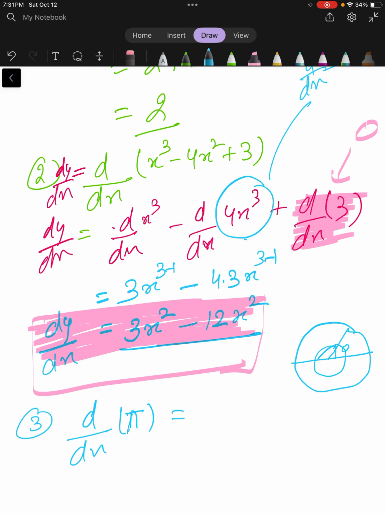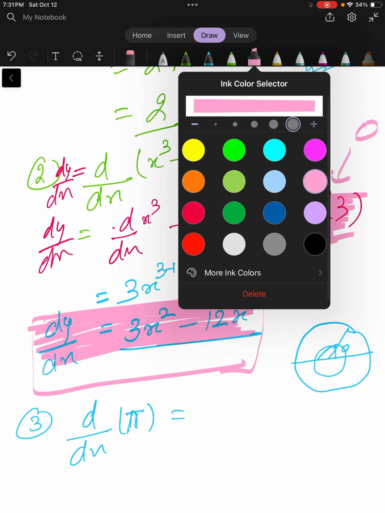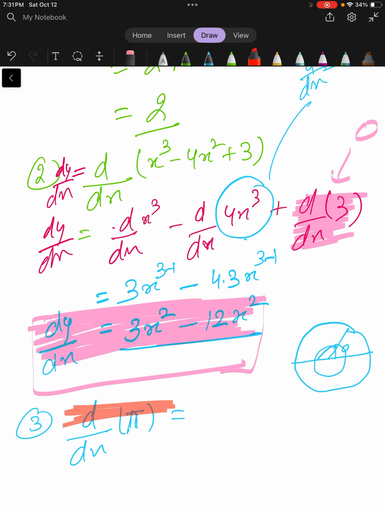But here, what is this pi? Pi is 22 over 7, a constant. So the differentiation of any constant, the result is always 0. This was just to check what you learned.